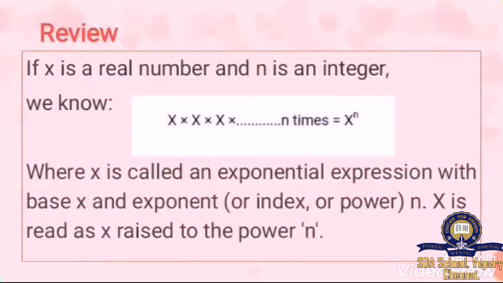If x is a real number and n is an integer, we know that x into x into x, etc., n times is equal to x to the power n, where x to the power n is called an exponential expression with base x and exponent, or index, or power n. x to the power n is read as x raised to the power n. Okay, I hope you understand.